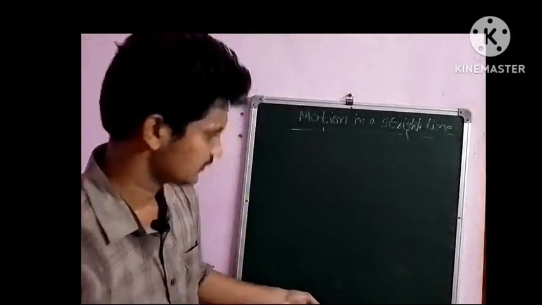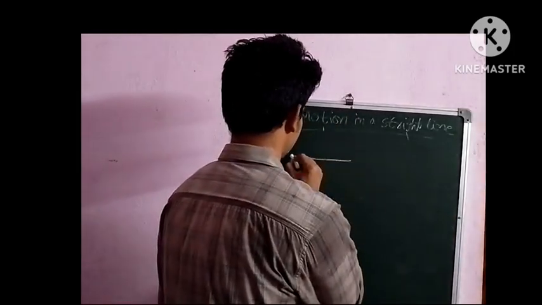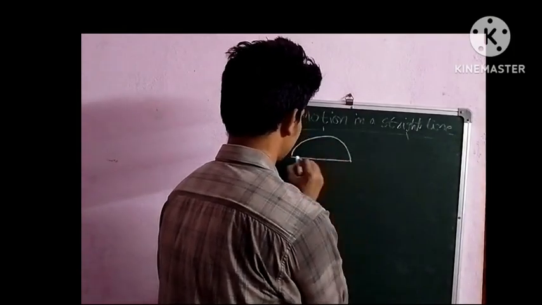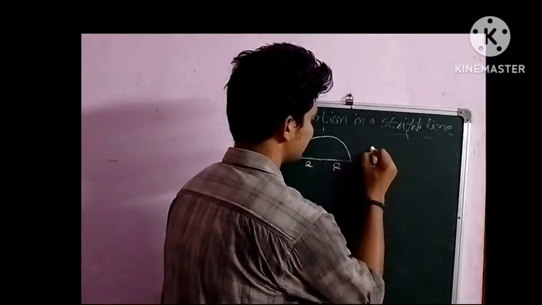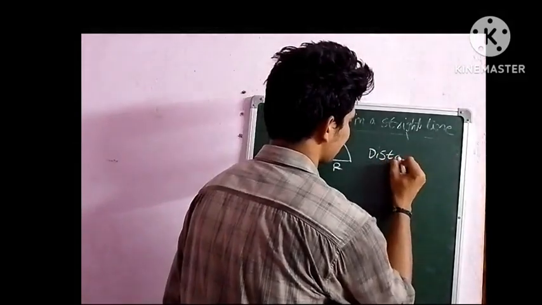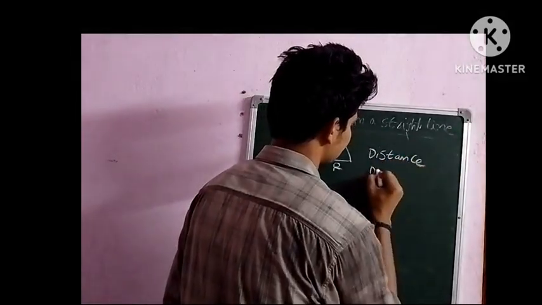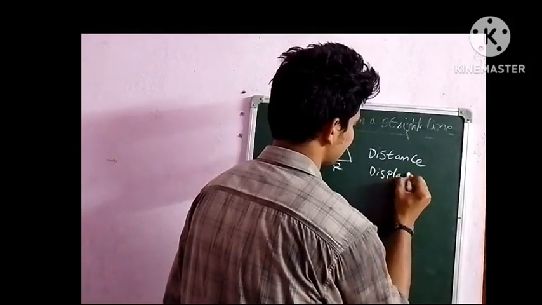And we take some examples. This is the semicircle, R to R. What is the distance and what is the displacement?